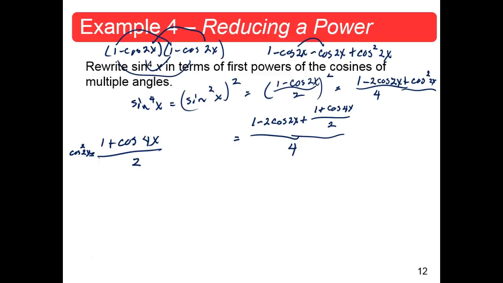There's several ways to go about doing it, but I'll do it probably the long, tedious way. 1 minus 2 cosine 2x over 4 plus 1 plus cosine 4x over 2 over 4.